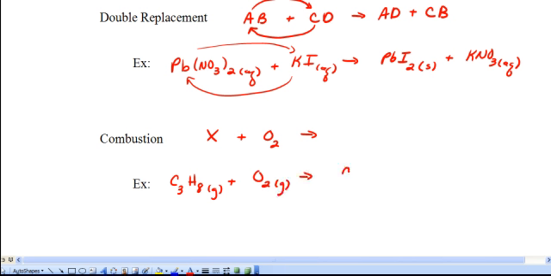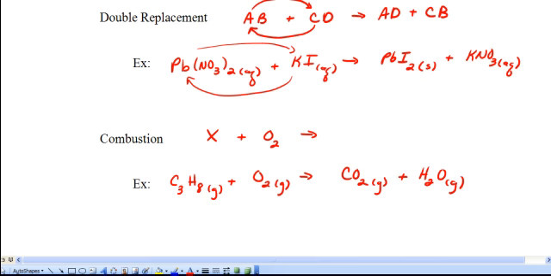That's going to produce carbon dioxide and water. So there you go. That's a combustion reaction, and it's going to be releasing energy as well. So those are the first 5 reactions that we want you to be familiar with: combination, decomposition, single and double replacement, and combustion reactions.